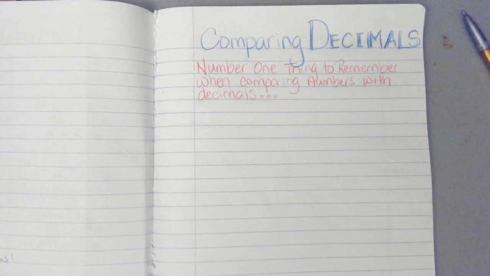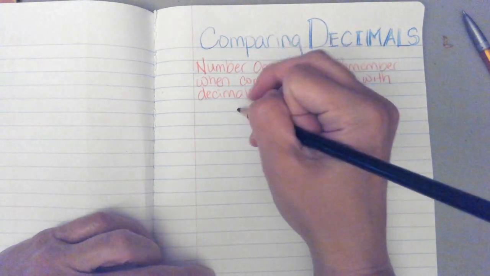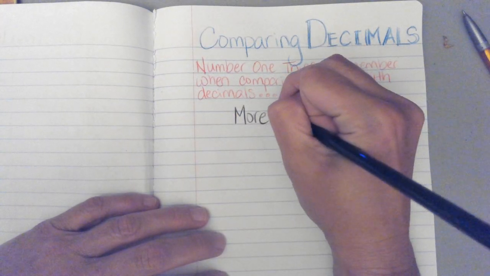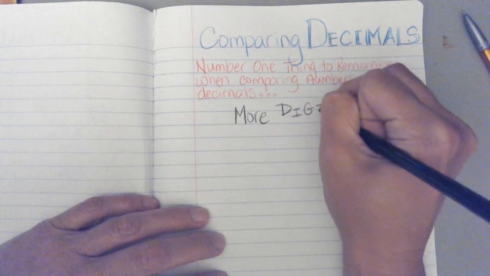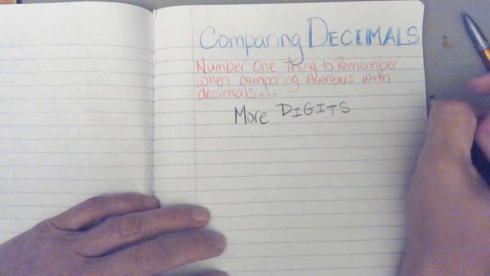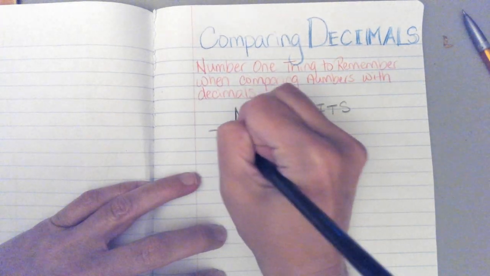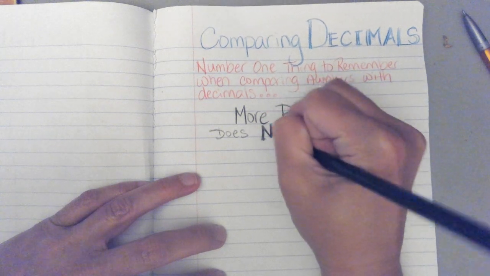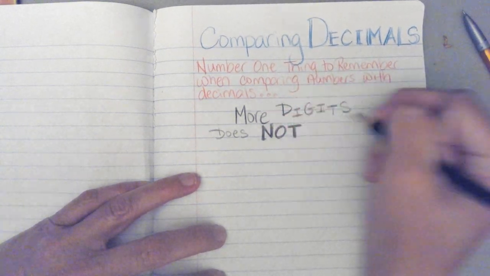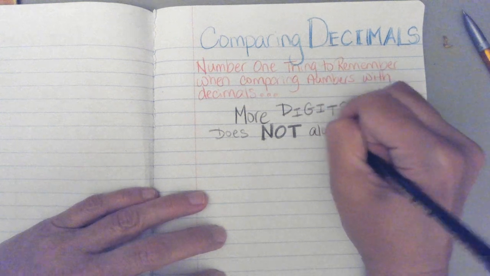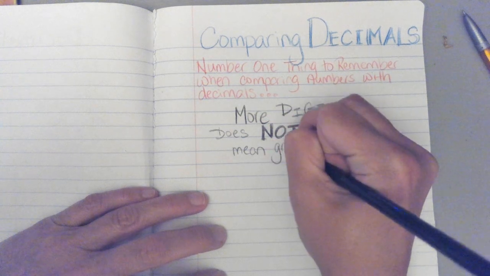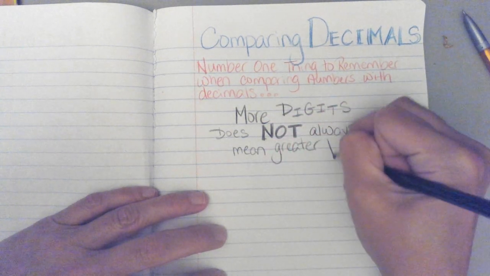The number one thing to remember when comparing numbers with decimals: more digits does not always mean greater value. Okay.